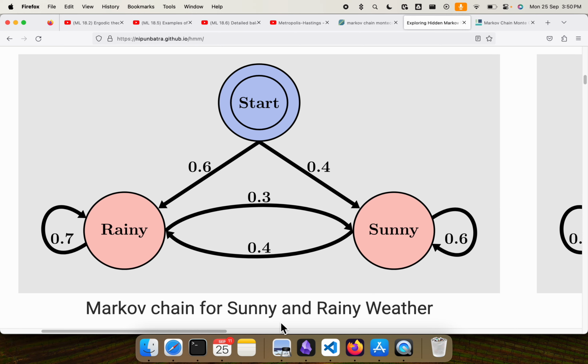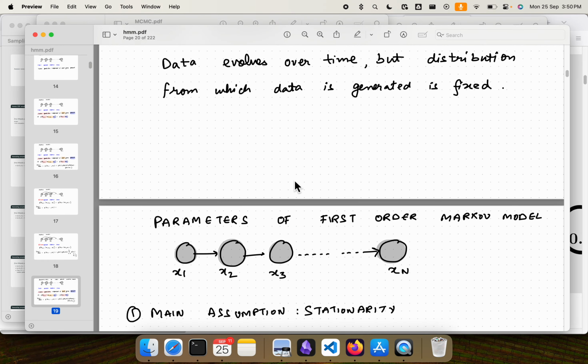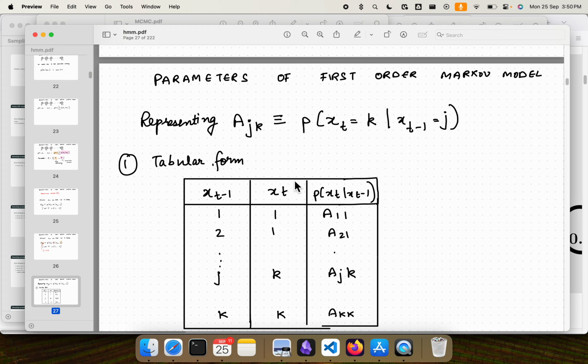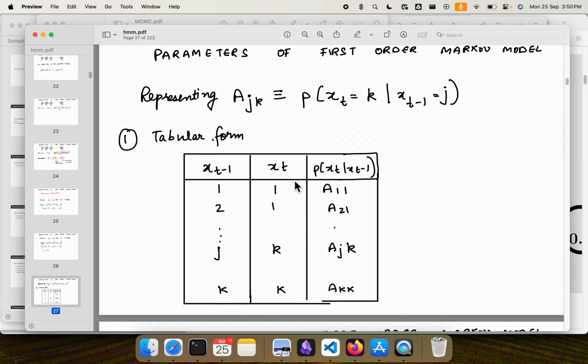We can also use a couple of others. So we can also create a tabular notation for representing a Markov chain. Right? This is telling that from state at t minus 1 I am at a particular state, and at t I am at some other state. So I can correspondingly have this probability of going from xt minus 1 to xt via an aij kind of notation.